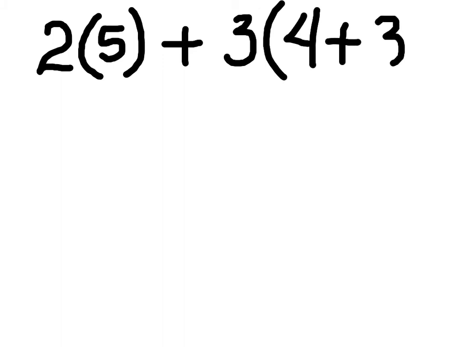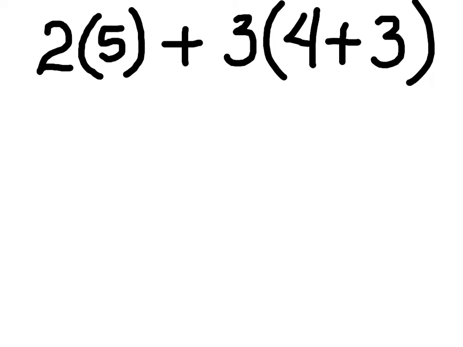Now let's evaluate an expression that's going to use some parentheses and talk about how that changes things up and how you have to think about order of operations with grouping symbols, and how not to jump to, oh my gosh, there's a parentheses and I have to do something. I just wrote up here 2 open paren 5 close paren plus 3 open paren 4 plus 3 close paren.